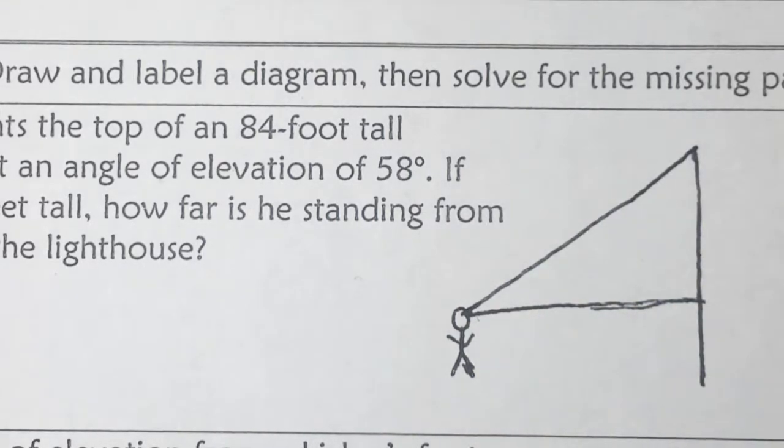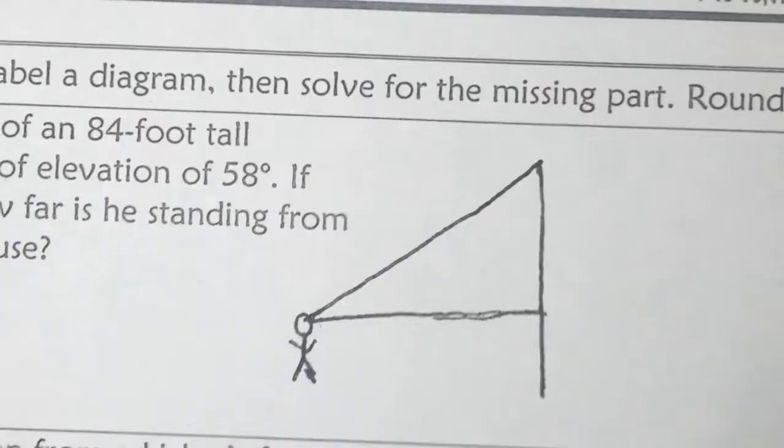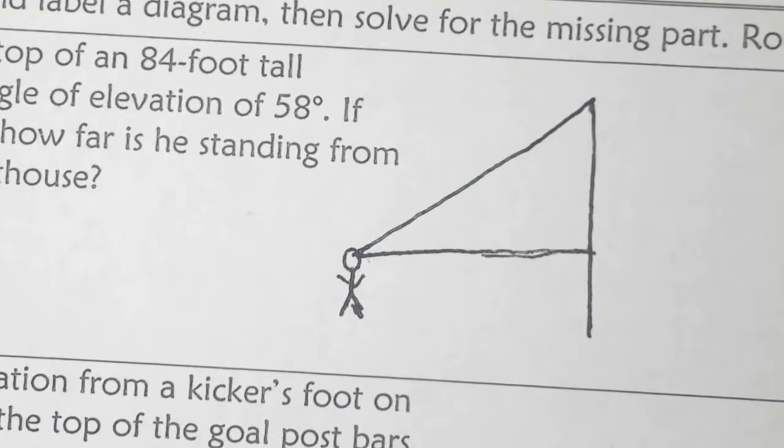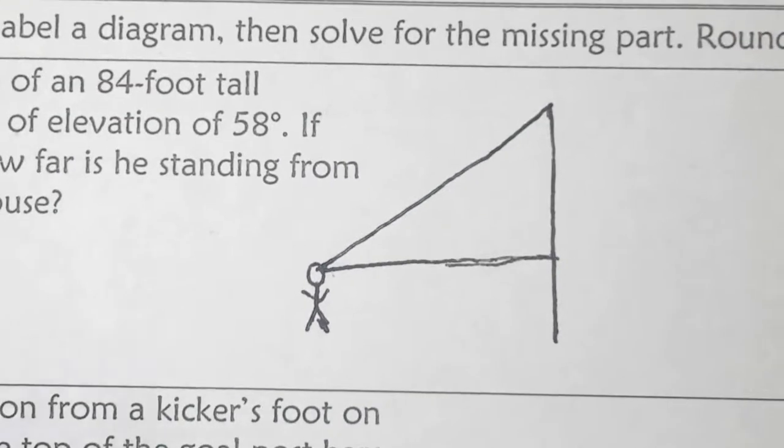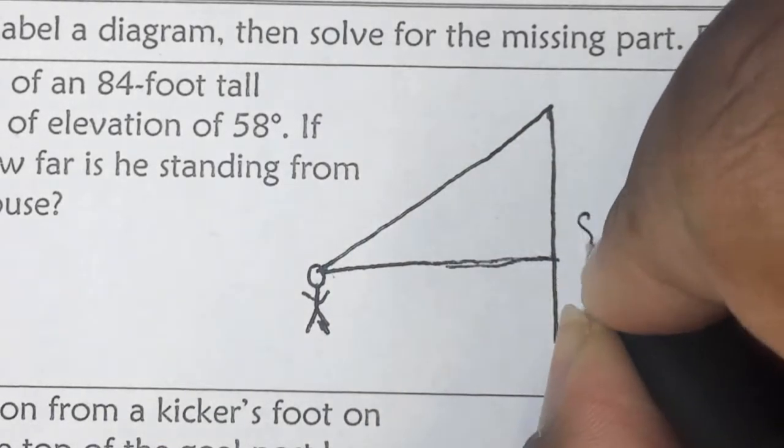And then from there, after we set that up, we can put our stuff on our figure. It says the top of the lighthouse is 84 feet tall. Where should 84 go? The line right here, yeah, 84.